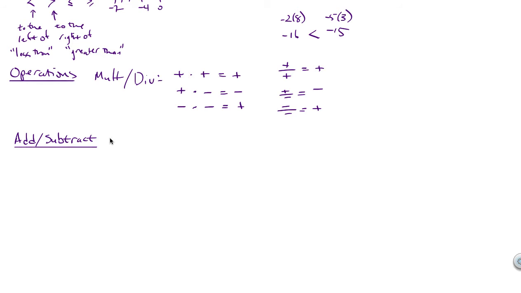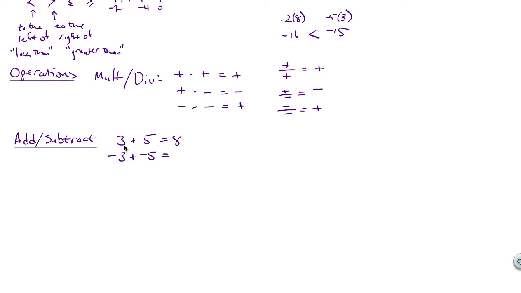Subtraction is similar, but we'll usually change our subtractions to additions. So if you have, for example, 3 plus 5, that's 8, right? If they're the same sign, -3 plus -5, we'll think of them on the number line, and they're going in the same direction.